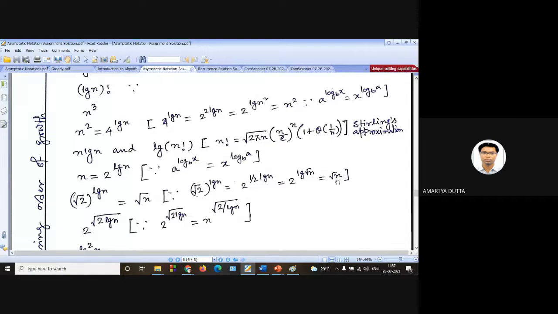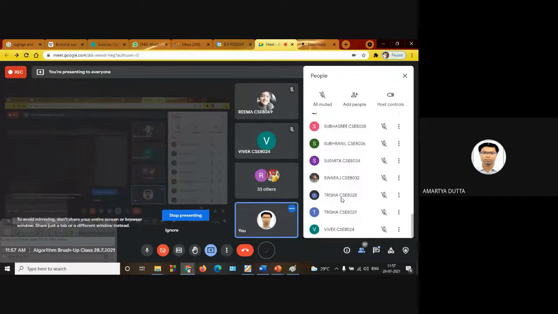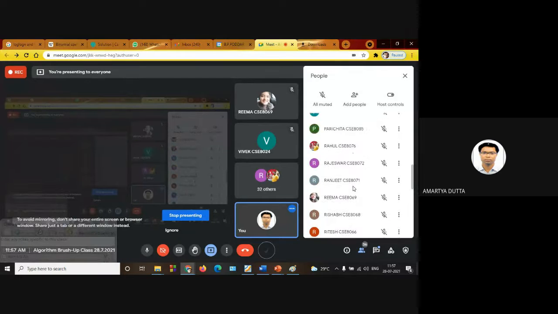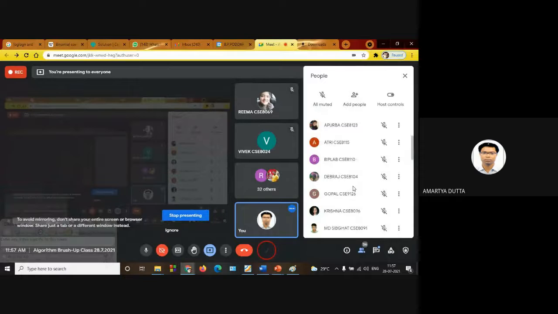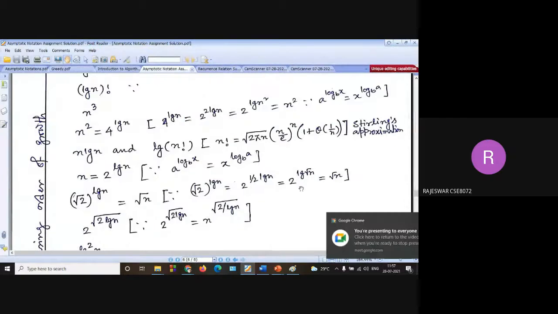Sir, the base of lg is 2, and 2 is raised to the power of the lg term, so that's why. a to the power log b base x is equal to b to the power log x base a.